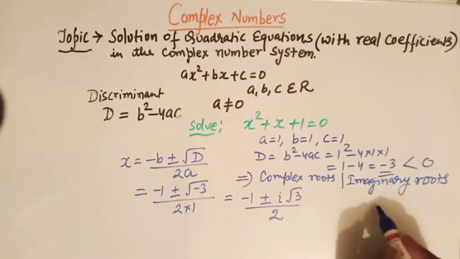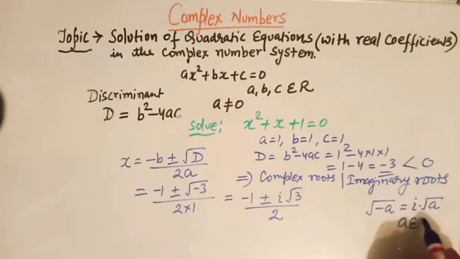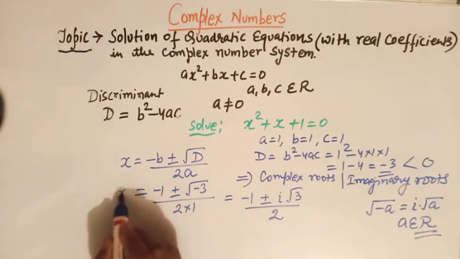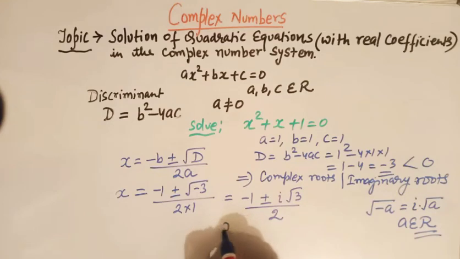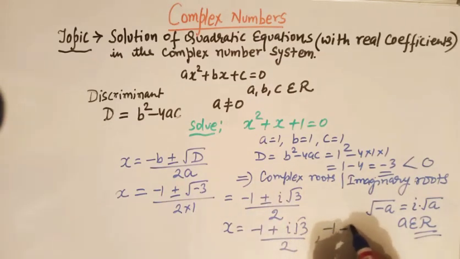So viewers, always remember that square root of minus a is equal to i times square root of a, where a is some real number, right? So the two roots are given by: the first one is minus 1 plus i root 3 divided by 2, taking the positive sign, and the other root is minus 1 minus i root 3 divided by 2, right?